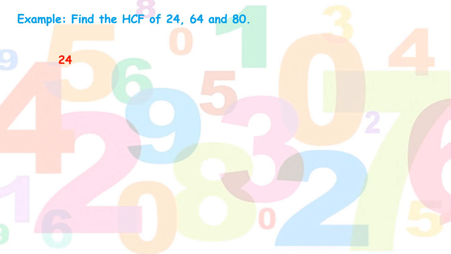We will take any two numbers and make the smaller number the divisor and the greater number the dividend. So 24 and 64 we are taking. How many times will it go? 2 times. The remainder is 16.